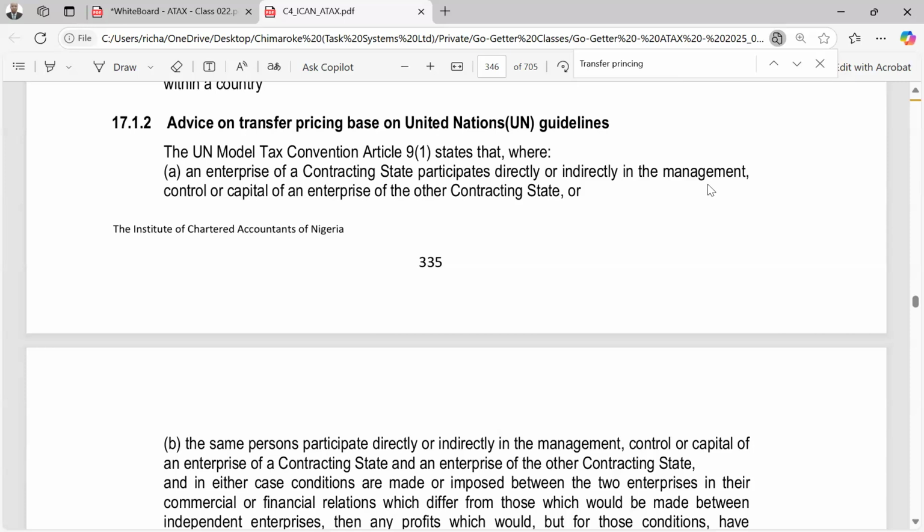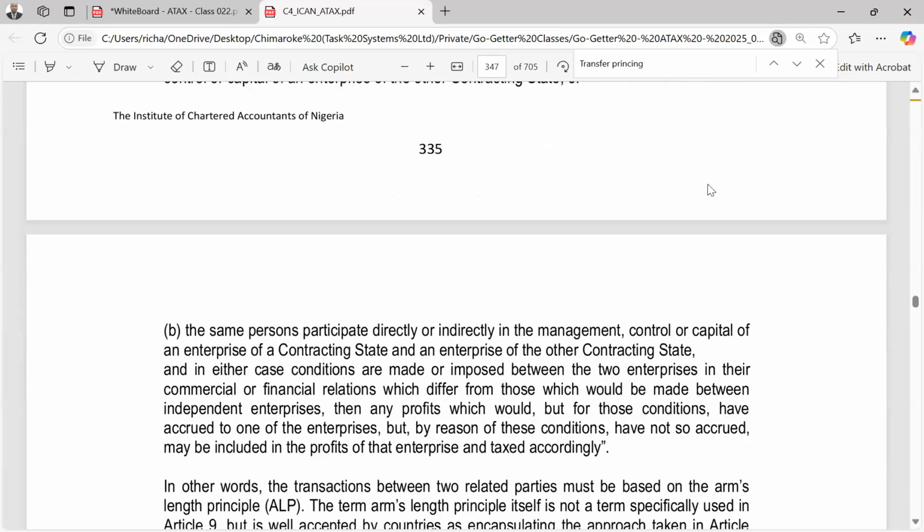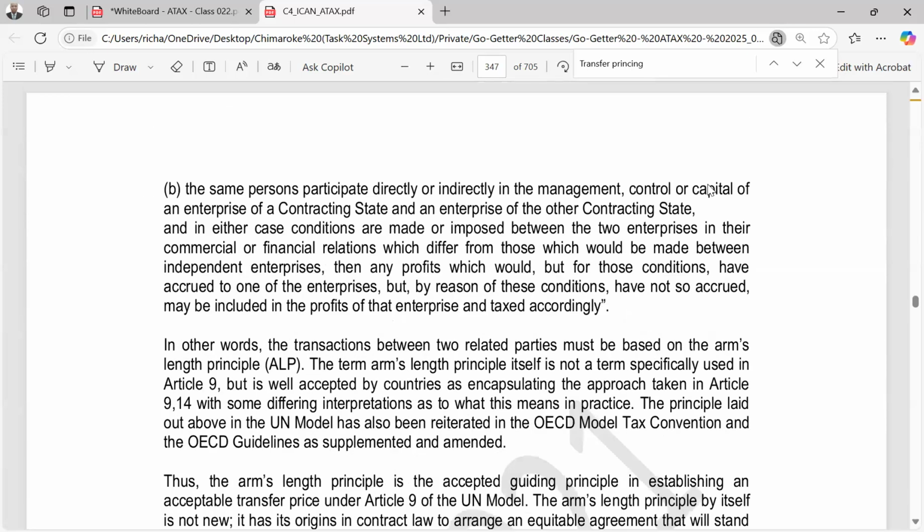The United Nations Model Tax Convention Article 1 states that where an enterprise of a contracting state participates directly or indirectly in the management or capital of an enterprise of the other contracting state, or the same person participates directly or indirectly in the management, control, or capital of an enterprise of a contracting state and an enterprise of the other contracting state.